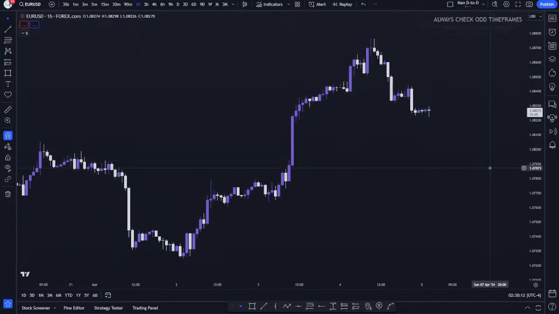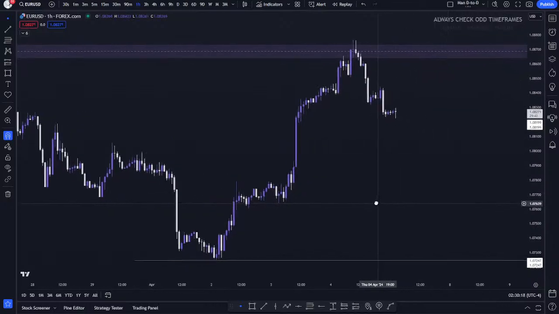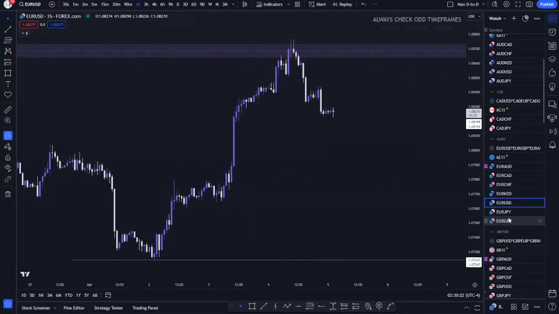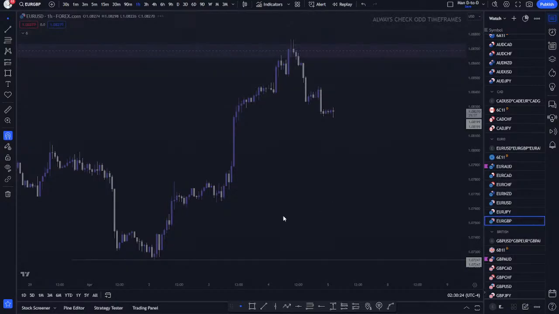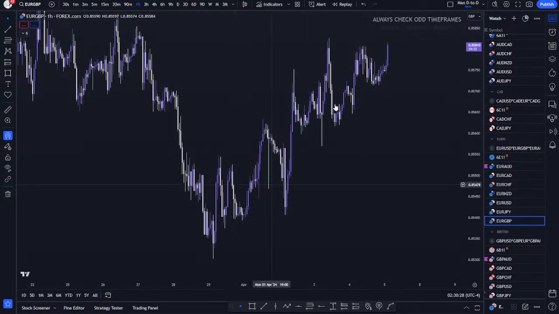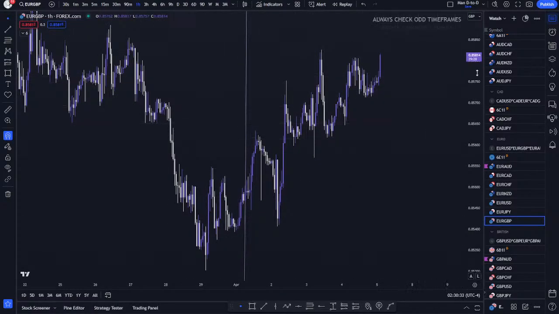I already gave my reason in the previous video that I uploaded, but I chose GU because when you look at Euro GBP, Euro GBP was running to the upside, so that told me that either Euro is stronger or GBP is weaker, one of the two.